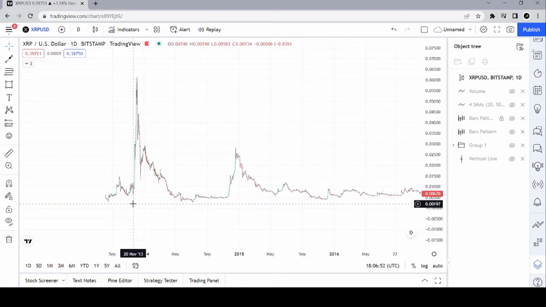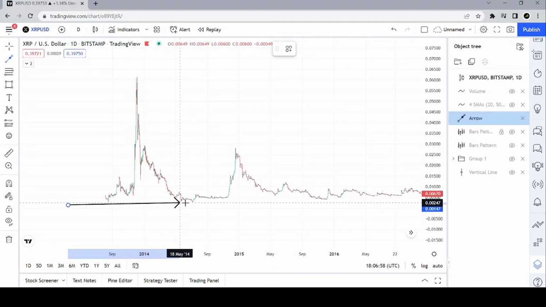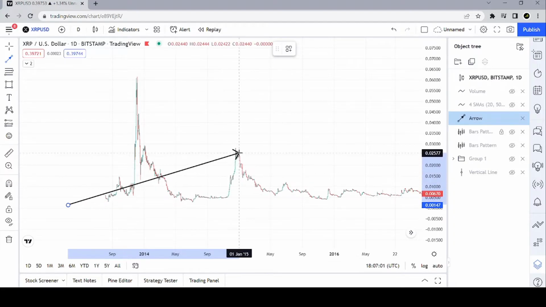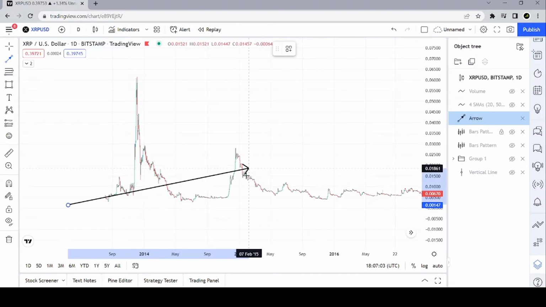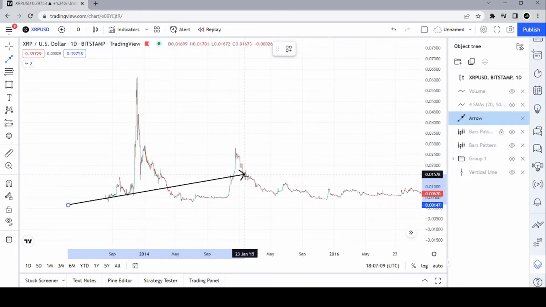So here we see it goes up nice and high, it comes crashing down, goes sideways, it goes up again. This time right here, it did not go as high or higher than this first one up.